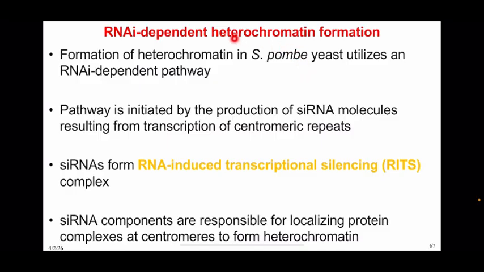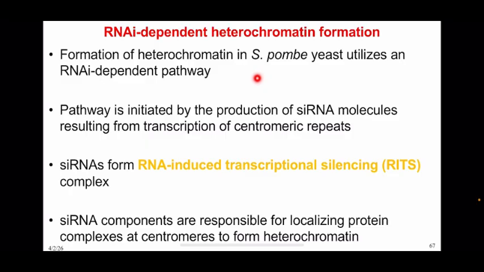Formation of heterochromatin at the telomeres, formation of heterochromatin in S. pombe yeast, and also silencing of HML and HMR, right? Each one of them involves silencing a particular region of genes, but they all have different steps.